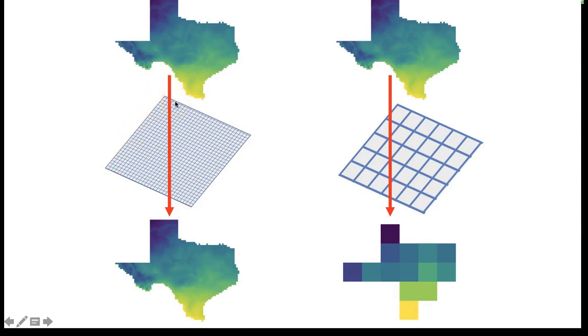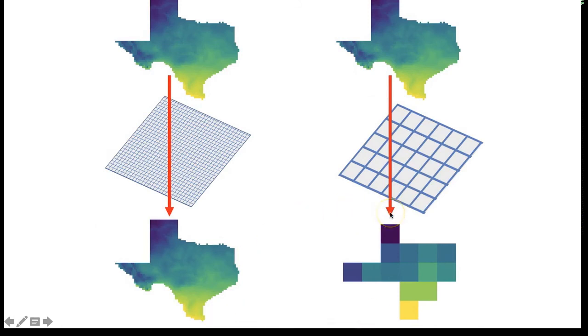In this case, we want to set our computational region to have the size of the grid cells that matches the resolution of the data that we're importing, so that the resolution of the data will be maintained, as opposed to having the resolution of that data made blurrier with larger pixel sizes because that data went through a grid with larger grid cells. So we want to have this situation here, not this situation over here, because we want to end up with a raster of Texas like this, not a raster of Texas like this.